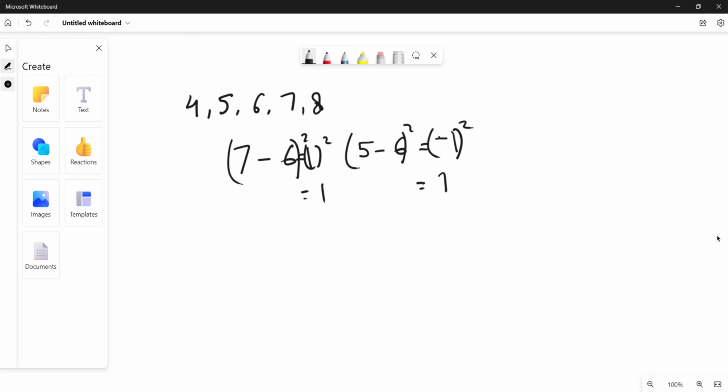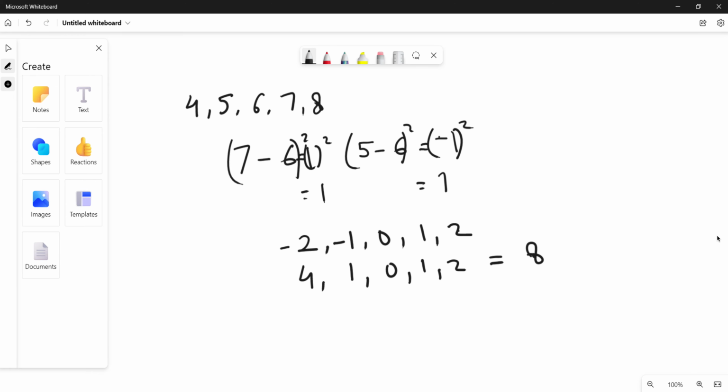So let's say we took all of the differences from the average. 4 minus 6 is a difference of minus 2, then minus 1, 0, 1, and 2. These are the differences. Now, if we square all of these differences to make both sides equal, we get 4, 1, 0, 1, and 4. And then if we add these up, we would get 4 plus 1 is 5, plus 1 is 6, plus 4 is 10.